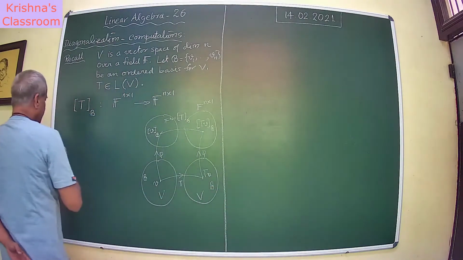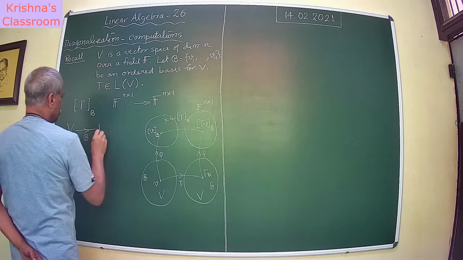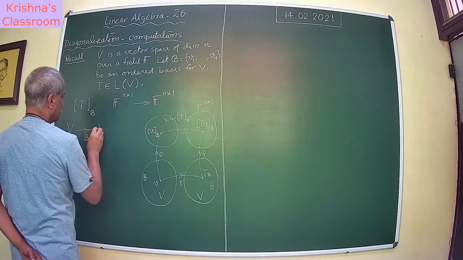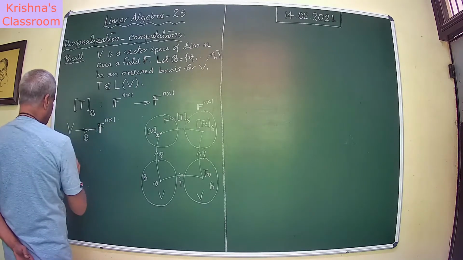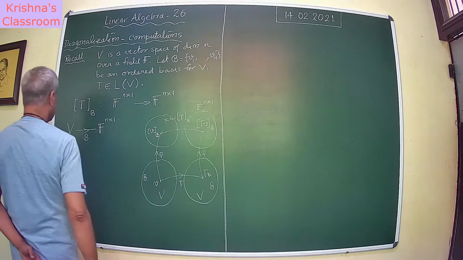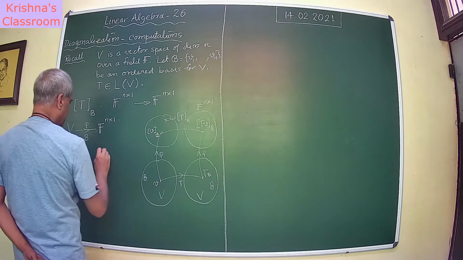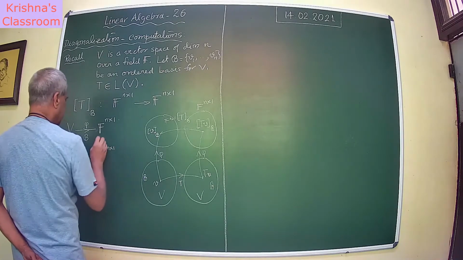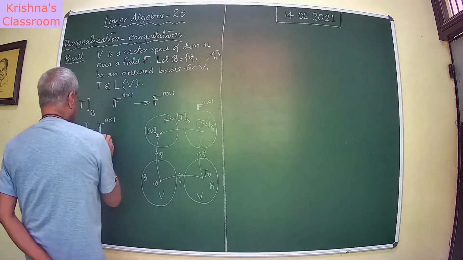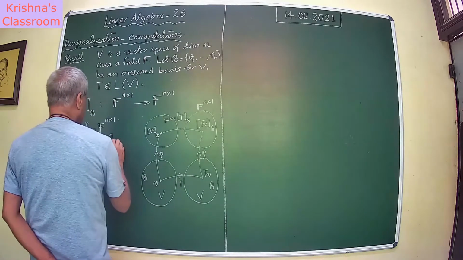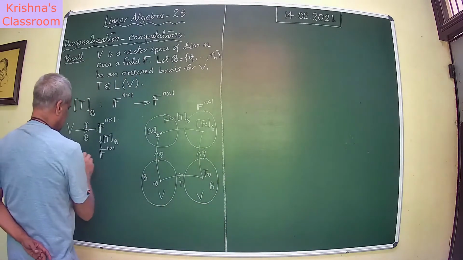So we have V, introduce an ordered basis B to go to Fn cross 1, and then we have the mapping from V to V given by T, and there is the corresponding map from Fn cross 1 to Fn cross 1, which is designated by TB, which is an n by n matrix.